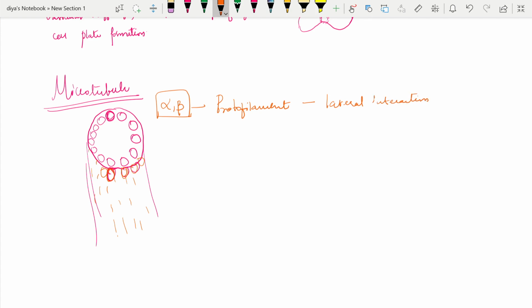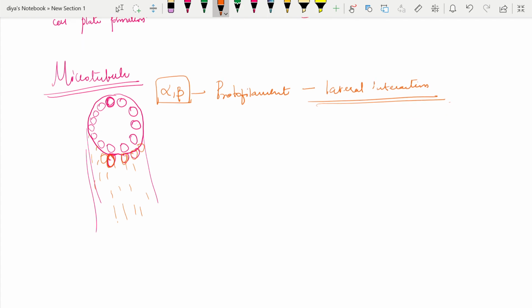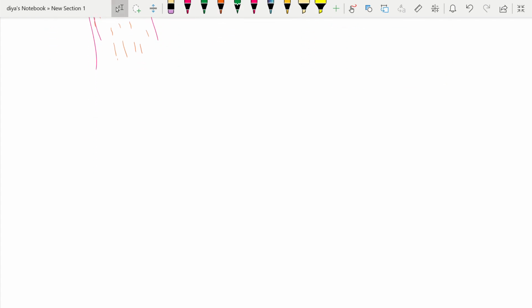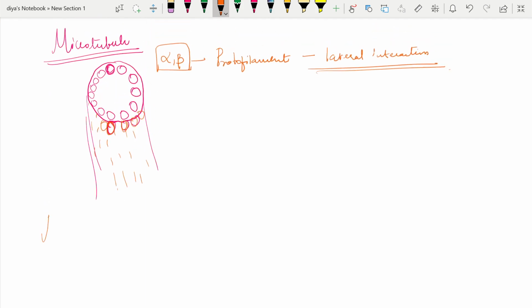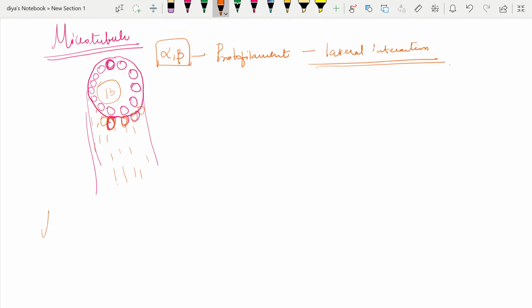So these form the lateral interaction. There are exceptions. No, I cannot say it's an exception; you find 13 in the majority of the microtubules.